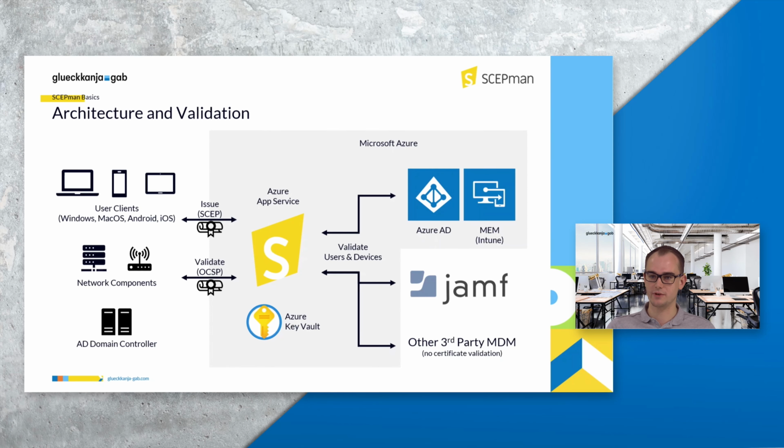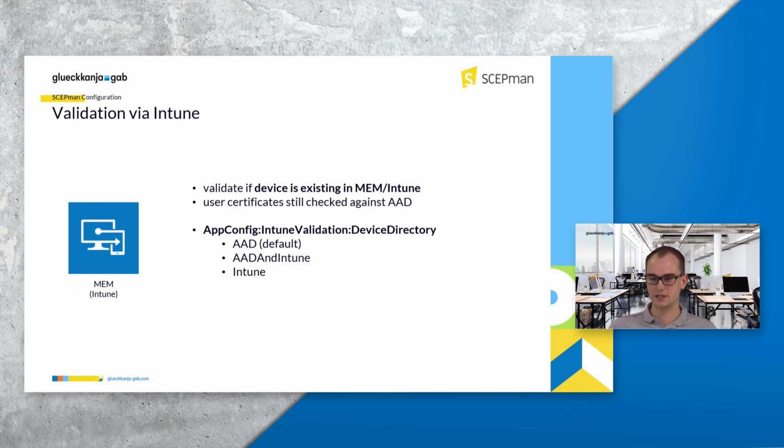SCEPman already had some connections to Intune, but now we can also use this connection to check if the device is there. So the new feature with SCEPman 2.0 is to validate if the device exists in Microsoft Endpoint Manager or Intune, which is the same thing. User certificates for sure will still be checked against Azure AD.